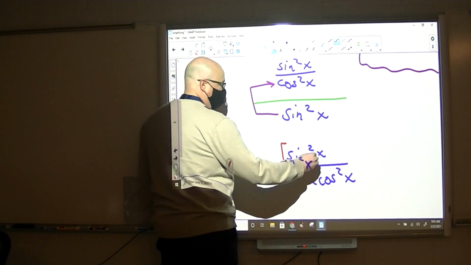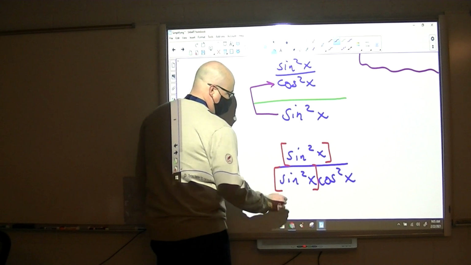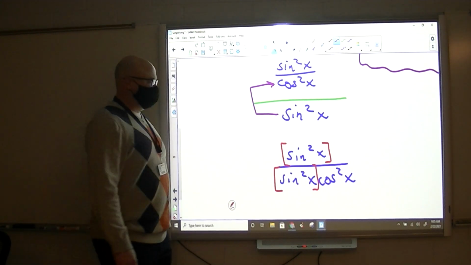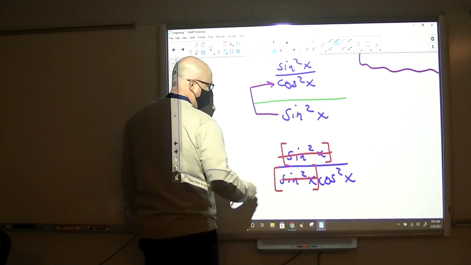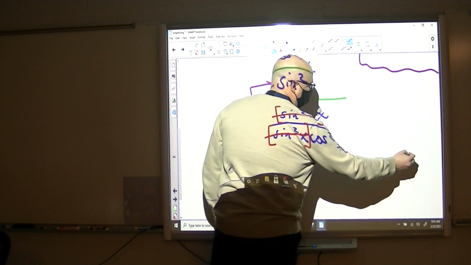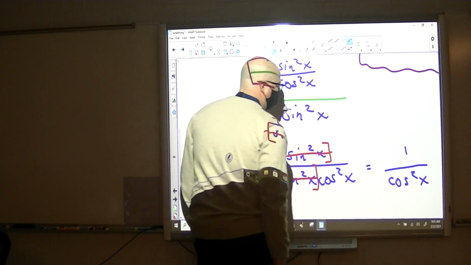So we have this one piece right here. We have that same piece down here. And that's being multiplied by that, so I can cancel. Which leaves us with, in the top, we have to put a 1 there. On the bottom, we have cosine squared x.